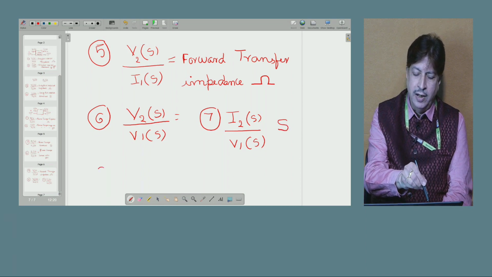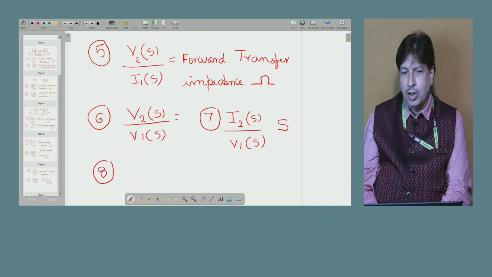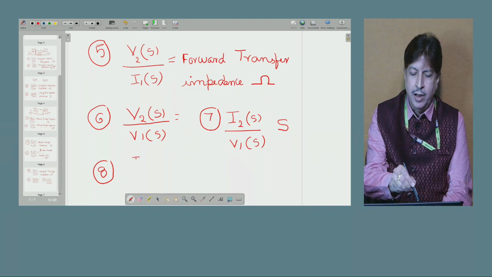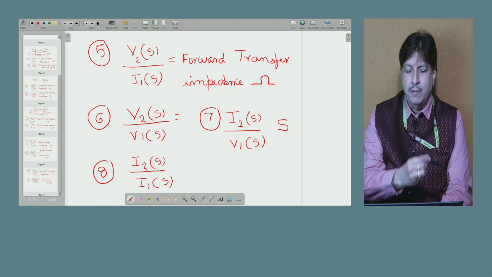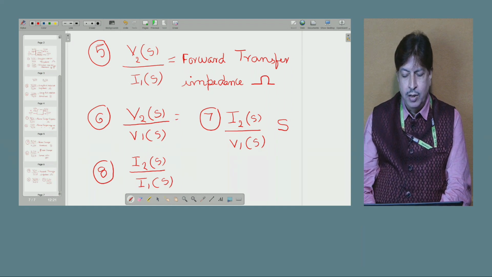And finally, the eighth possible transfer function is I2s by I1s. The appropriate name we give to this transfer function is forward transfer current ratio.